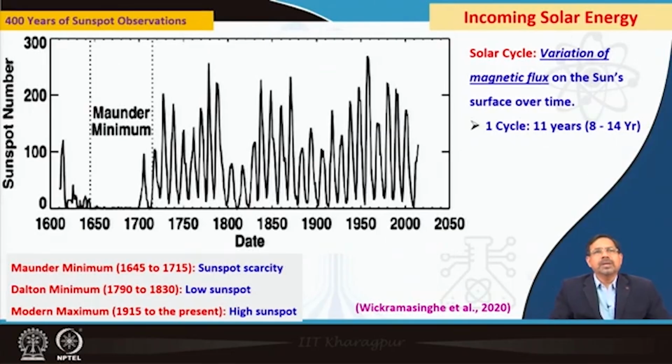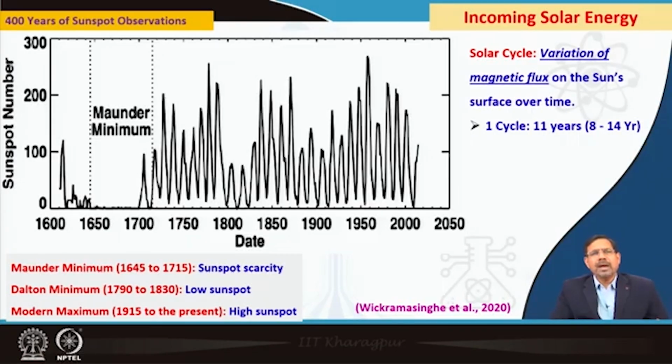Now, coming to the next aspect, the sunspot, the dark spot, the black spot. We all know it. We all have studied this in our high school days. This particular curve shows the number of sunspots. On the y axis the number of sunspots has been mentioned, and on the x axis the year.